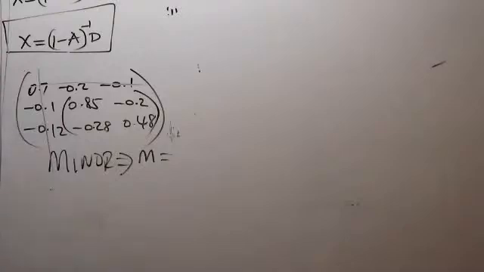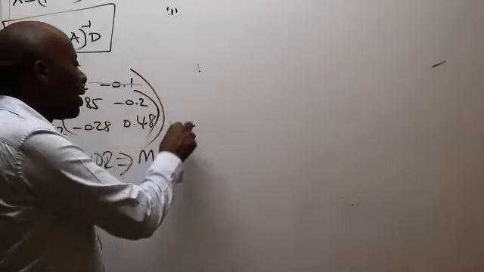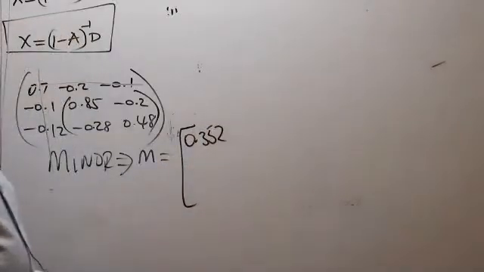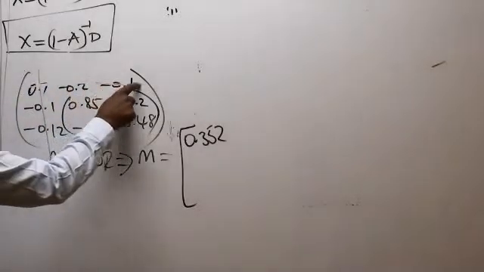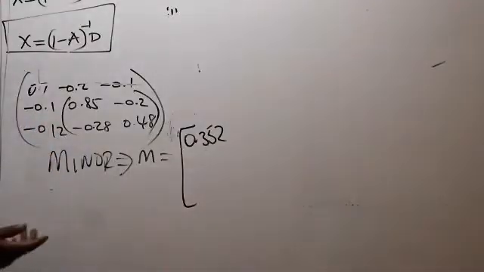I would want to get answers from every student. So the minor for the first one, I'm being told, is 0.352. Now we want to get the minor for the second. How do we get it?